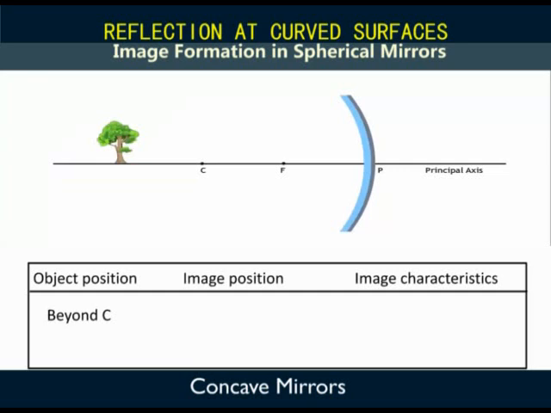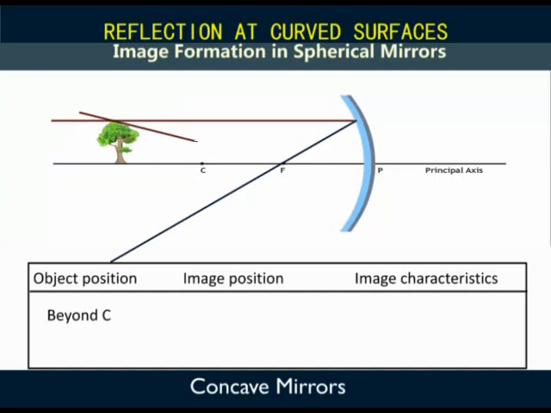So, first ray, a ray parallel to the principal axis. This is reflected to pass through F. Second ray, a ray through F. This one emerges parallel to the principal axis. Where the two rays meet is the top of the image.